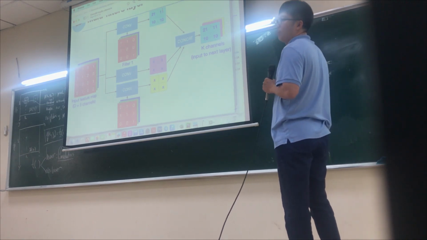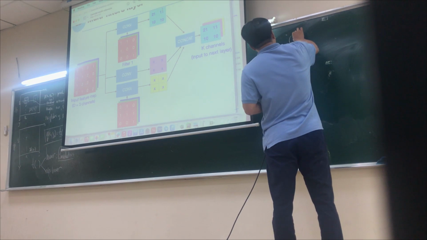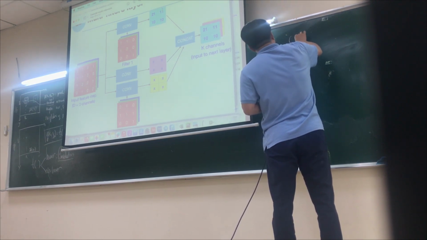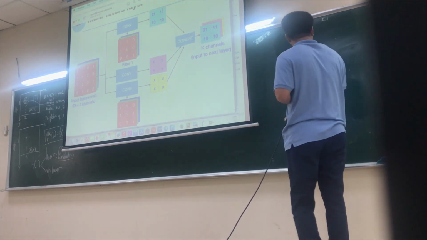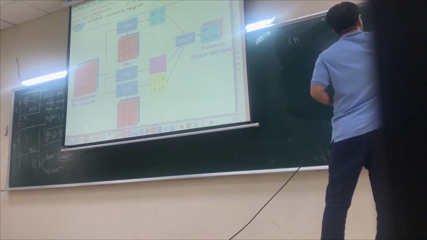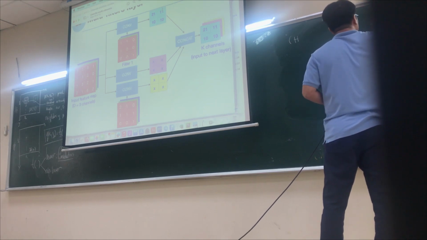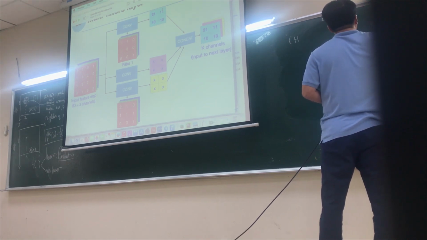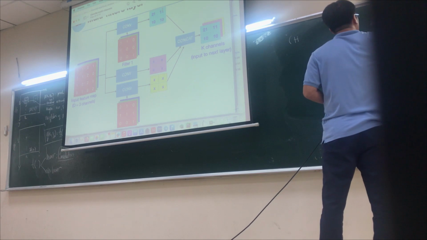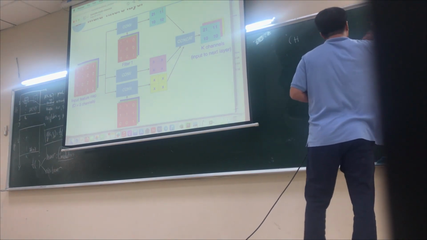For a color image, the number of rows we call H, the height. C is equal to 3 right now, right?